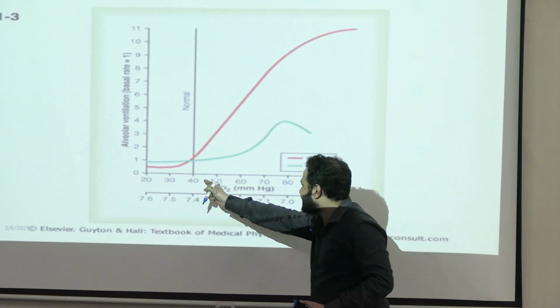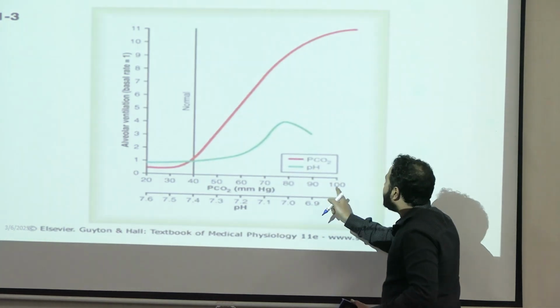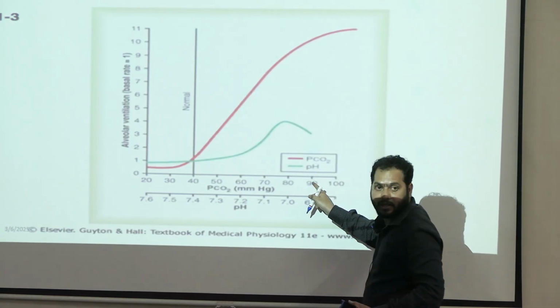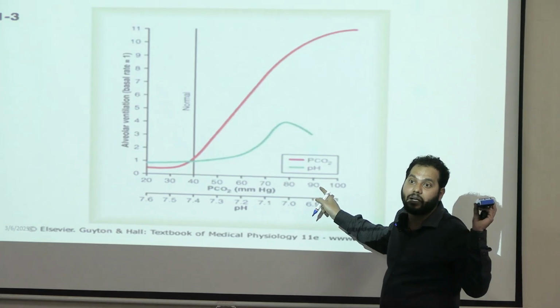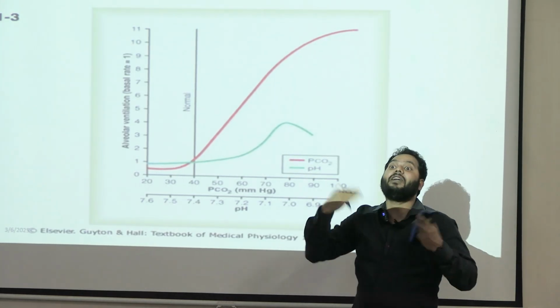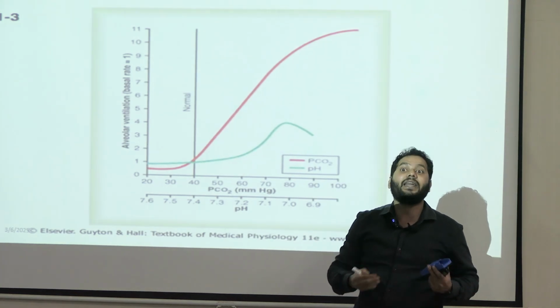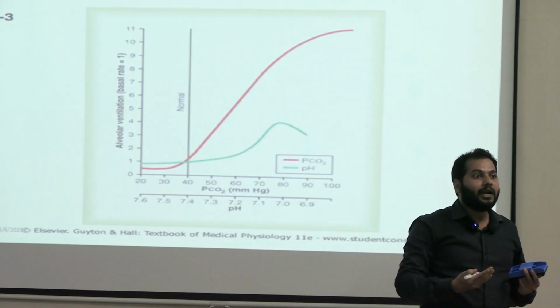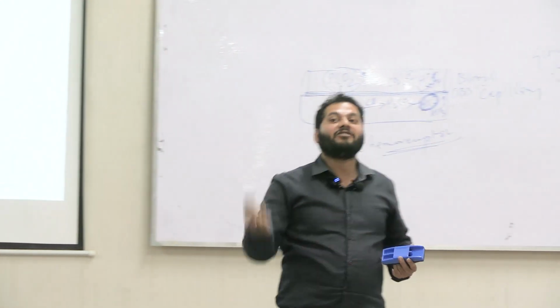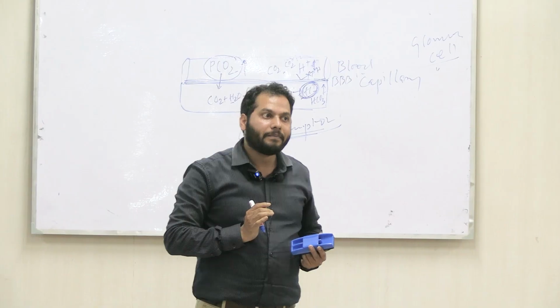So you can say from here, when the partial pressure is more than 80 or more than 90, it means the pressure is very high. That is why the peak of the graph is there. It means the rate of ventilation is very high, so that the carbon dioxide can revert back to normal.